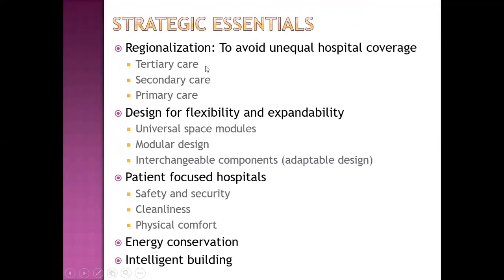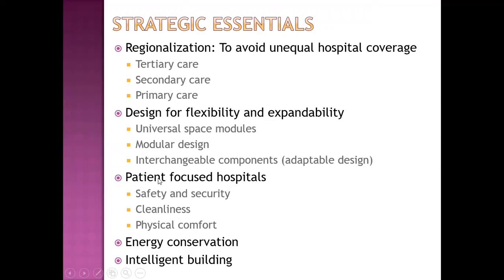So, what are the strategic essentials? One is regionalization to avoid unequal hospital coverage. So, healthcare should include primary care, secondary care, and tertiary care. There should be design flexibility and expandability by using universal space modules, modular design, interchangeable components, that is adaptable design.